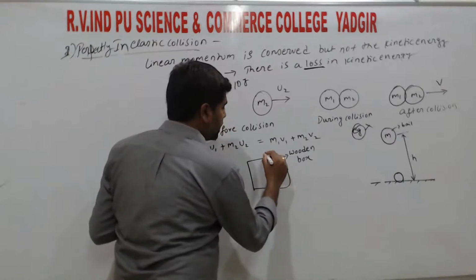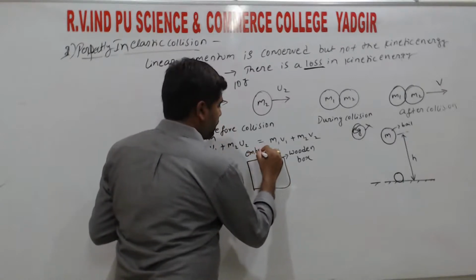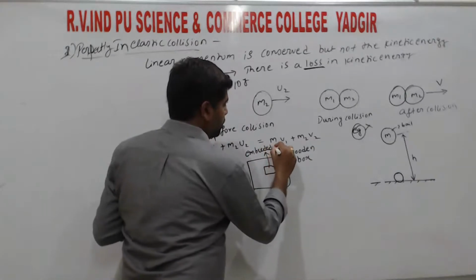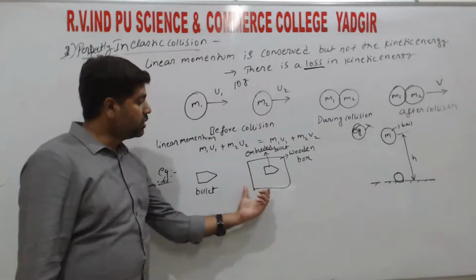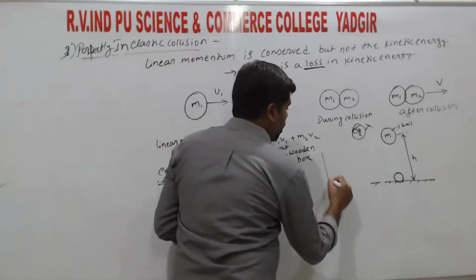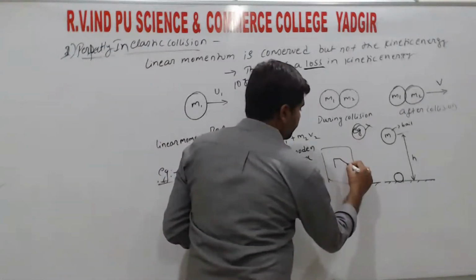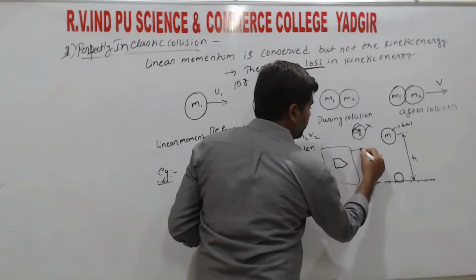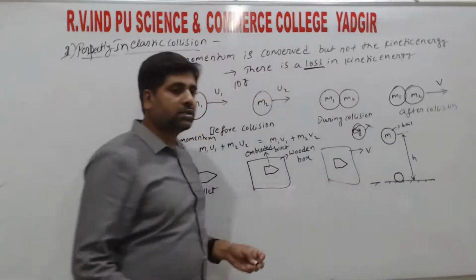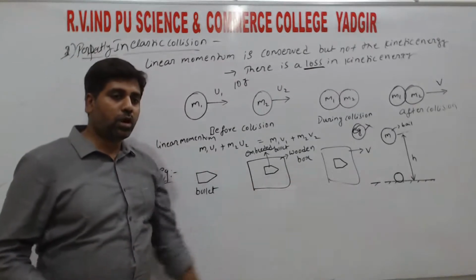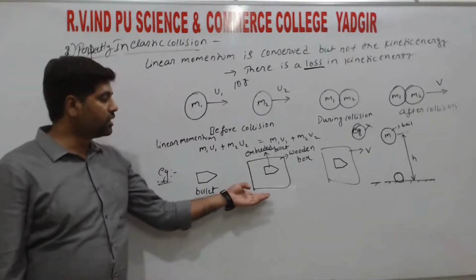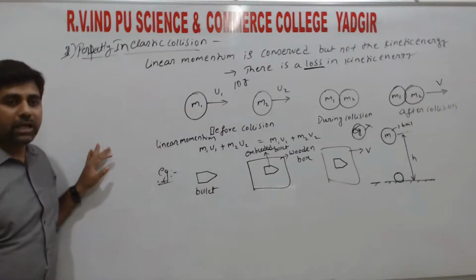This we call an embedded bullet, right? After it strikes, the block will move along with the bullet. The wooden plank will move some distance after it is struck by the bullet. So this is an example of a perfectly inelastic collision.